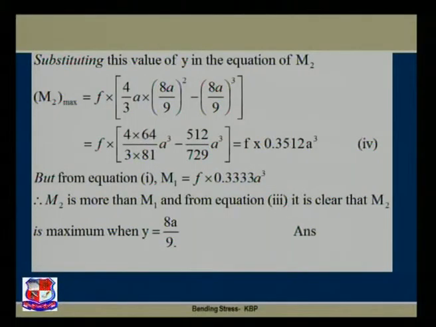It means that definitely the moment of resistance increases, and its maximum value is achieved by flattening the top and flattening the bottom at a distance y equal to 8 by 9a. I wish you have understood this problem very precisely, very clearly. Let us go ahead with the next problem.